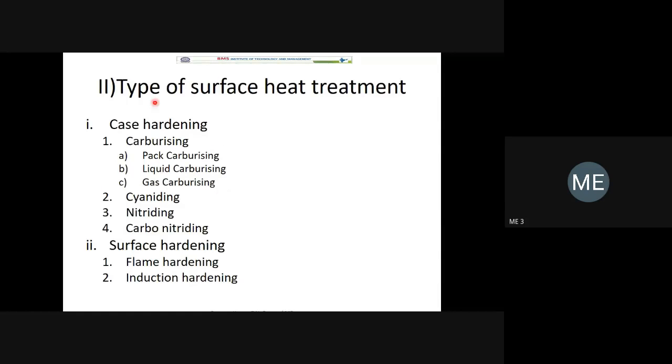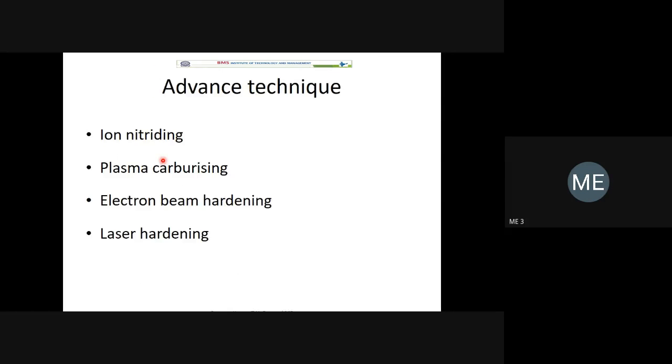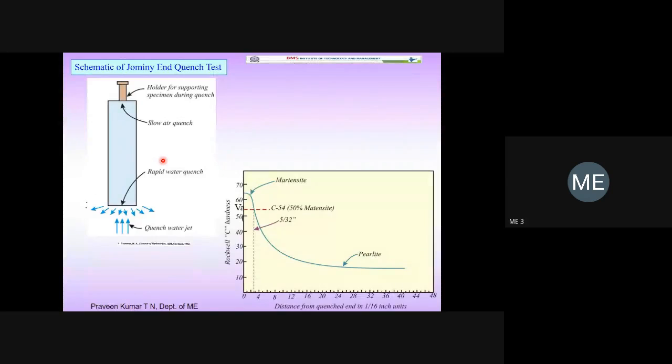Now I'm talking about the types of surface heat treatment, which we have already discussed. If you look at some photos, there is a test referred to as the Jominy end-quench test. It is mainly to study how the hardness of the material changes within the material itself.